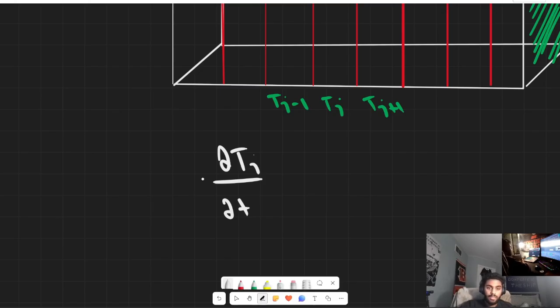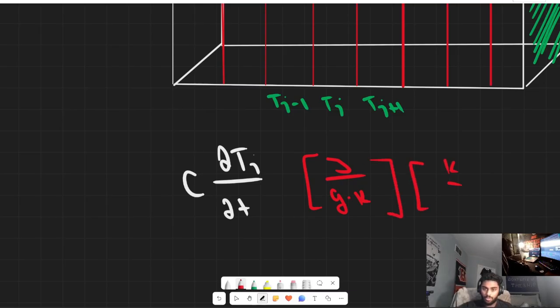So I can bring in the specific heat of this material, and this will convert it. So if we did it this way, specific heat has, let's just use standard, joules per grams Kelvin, right? And then a temperature per time, so Kelvin per seconds. Canceling out these Ks, we have something like in the joule per gram times second realm. Our target is maybe some joules per second type arrangement.